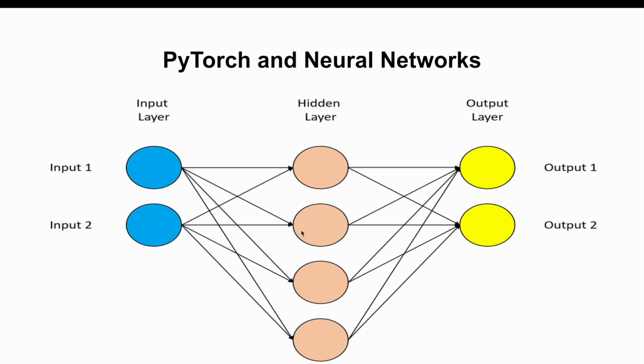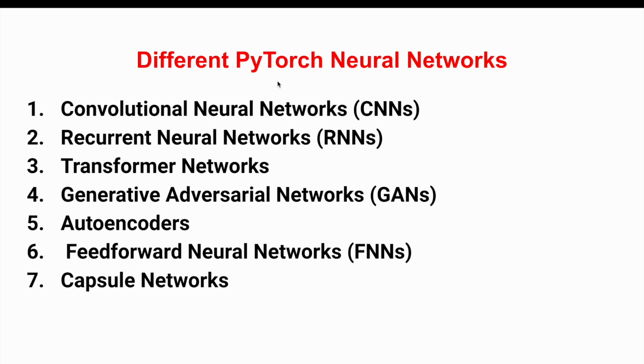In PyTorch, we have different neural networks, and I'll touch on this very briefly, just so at least you know. We have the convolutional neural networks, also called CNNs.